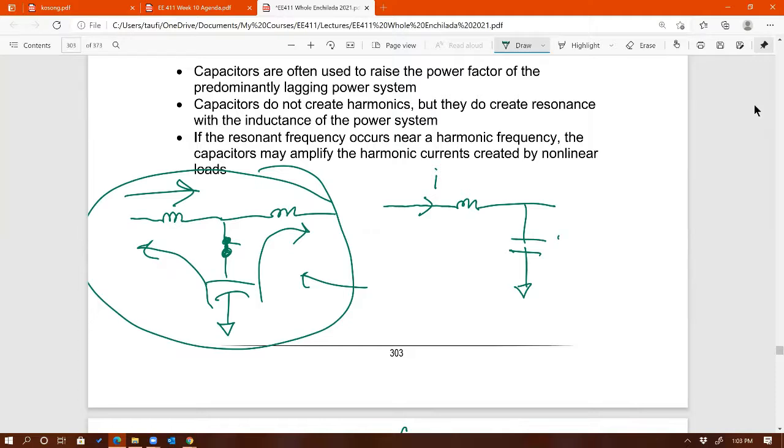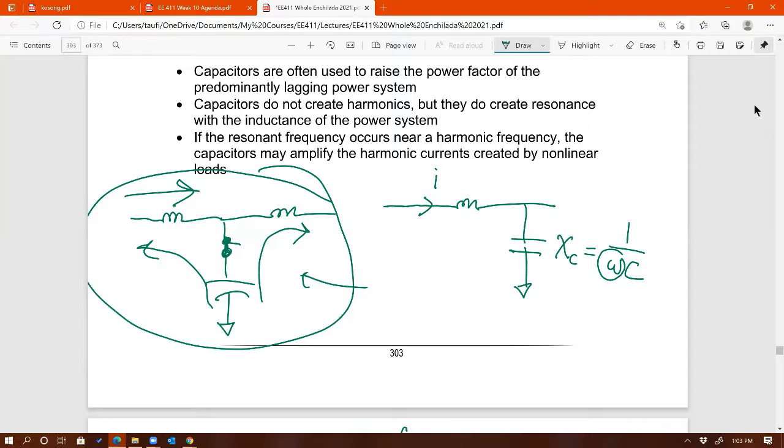The reactance of capacitance is equal to 1 over omega C, right? You can see that the reactance of capacitance is inversely proportional to omega, to frequency. That's not good for harmonics, because harmonics are high frequencies, meaning the capacitor presents a low impedance path for harmonics.